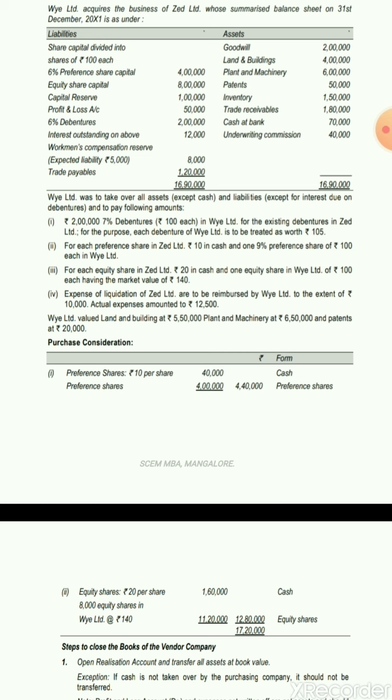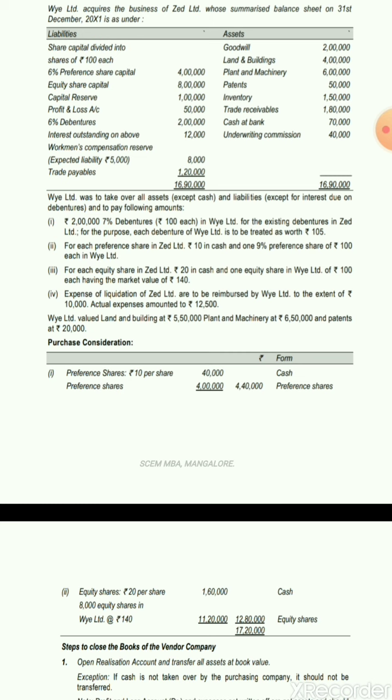See the first adjustment: rupees 2 lakh 7% debentures of rupees 100 each in Y Limited for the existing debentures in Z Limited. For the purpose, each debenture of Y Limited is to be treated as worth 105. So, here transferee company, which is Y Limited, is issuing debentures to the existing debenture holders of transferor company, which is Z Limited.